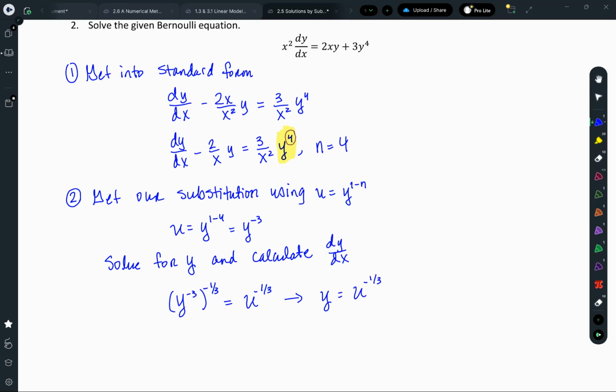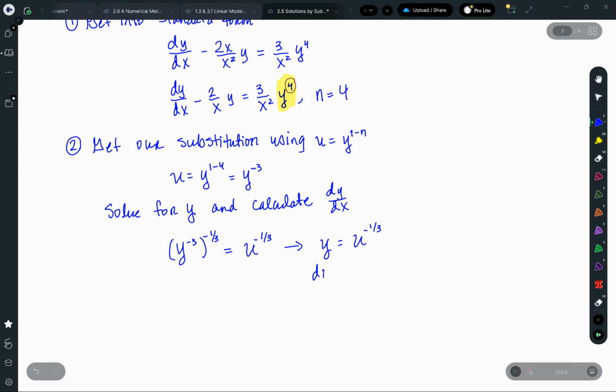I also need dy/dx. So I'm going to calculate dy/dx, assuming that u is a function of x, okay? So I have a chain rule. I will first apply the power rule for derivatives here. So I get a negative 1/3 u to the negative 1/3 minus 3/3, that'll be a negative 4/3. And then times the derivative of u with respect to x, which is du/dx.